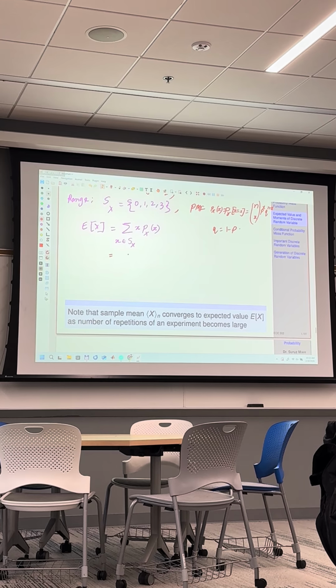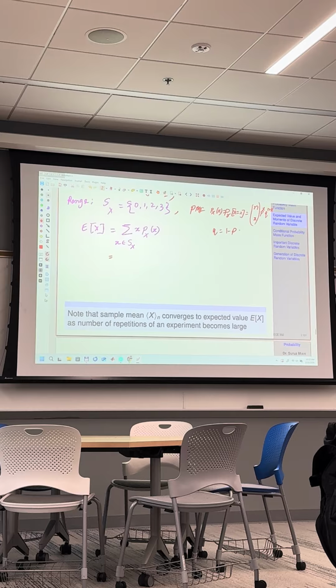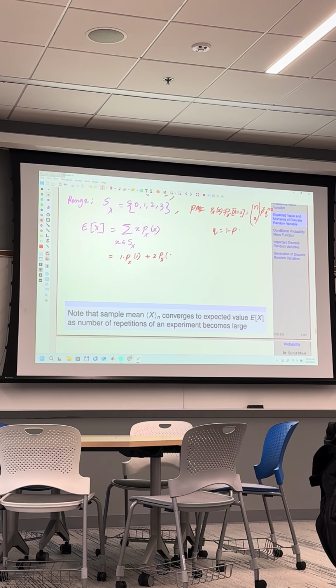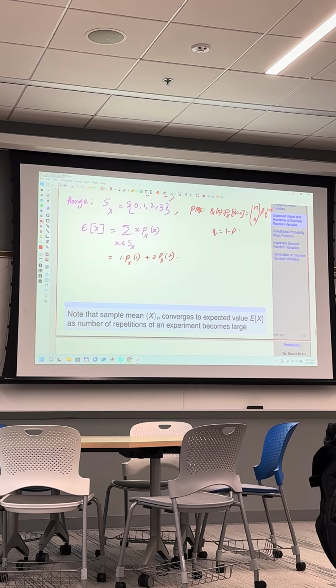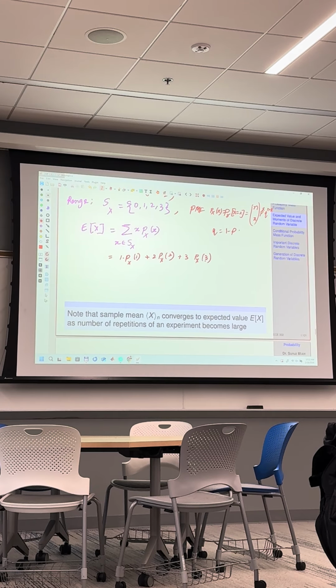Okay. So now, look how you write it. You take one element, 0. 0 times this PMF is going to be 0. Now we take another element, 1. So 1 times the PMF of random variable x taking value 1, plus 2 times the PMF of x taking value 2, plus 3 times the PMF of x taking value 3. This is the notation, that's how you expand.